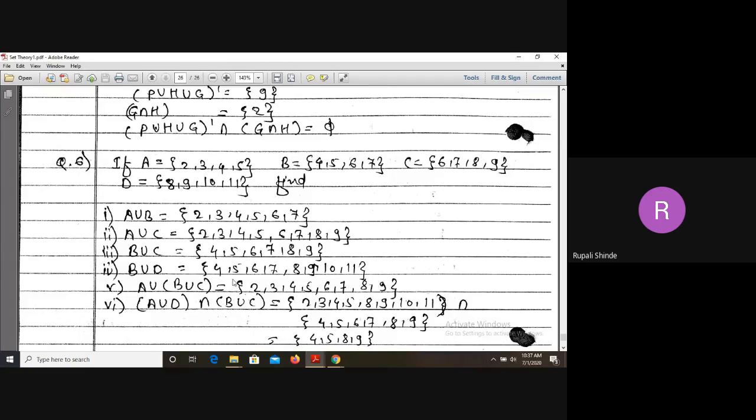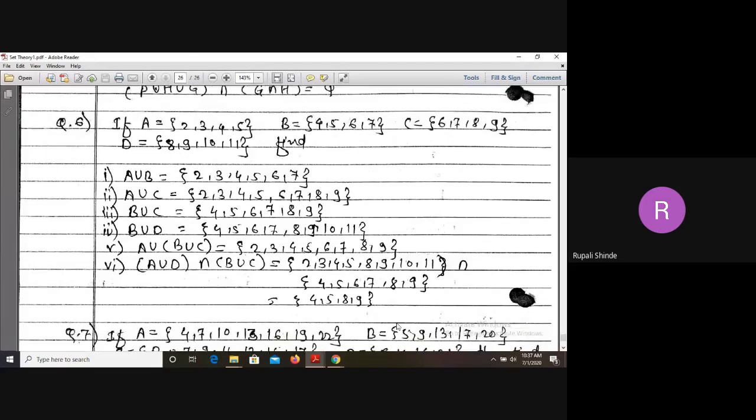Now we have answer for B union C. Now check what is the common between these two sets. I think 4 is common, 4, 5, 8, 9. So these four elements are common between these two sets. So this will give you intersection between these two sets.